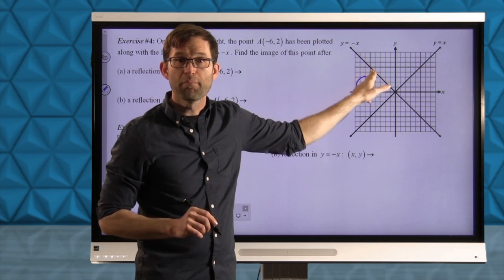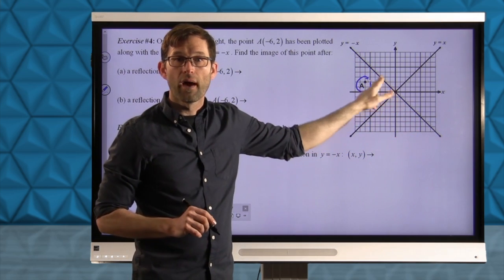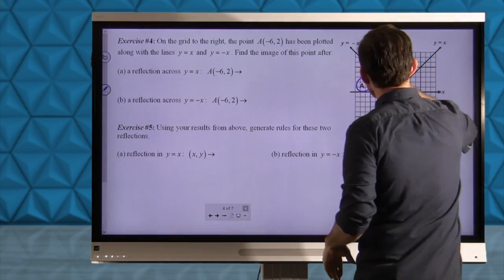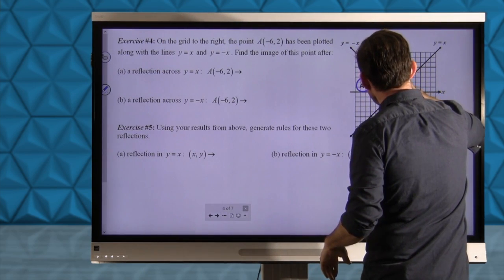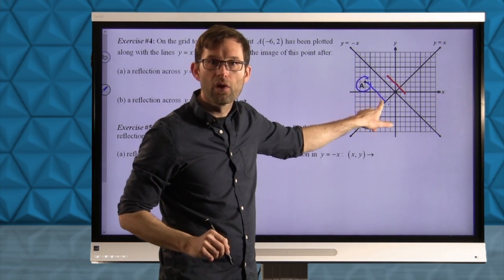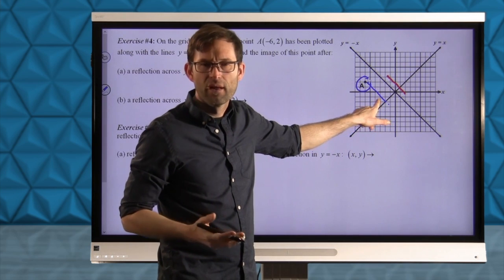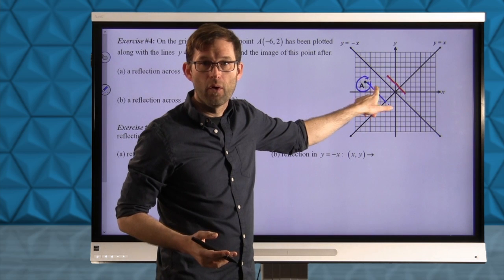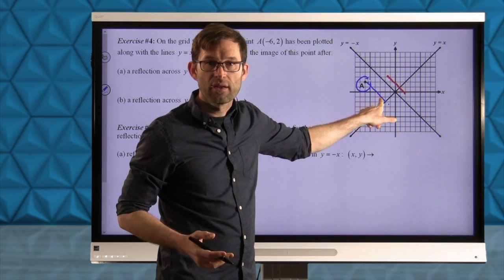I literally have to come in parallel to the line y = -x. That's coming in perpendicular, if you will. I'm coming in along the diagonals of those squares, going over 1, down 1, over 1, down 1.